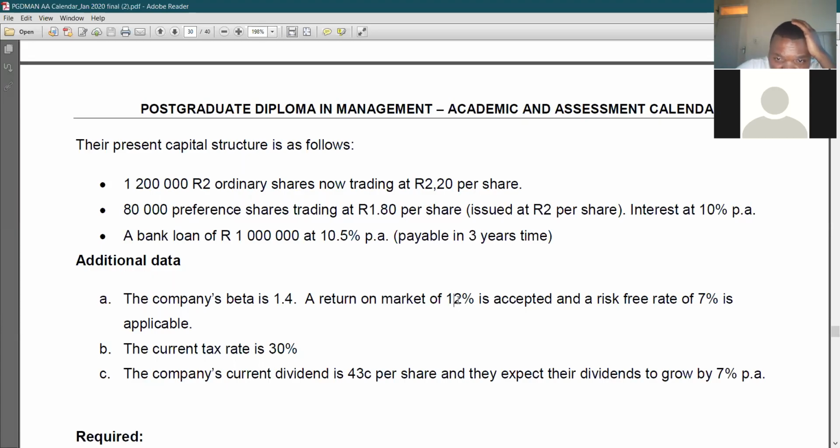You shouldn't confuse the two. A mistake that is made by other students is that they will change 12% to decimal and then go on and use that 7% as a percentage. So that's a big mistake.